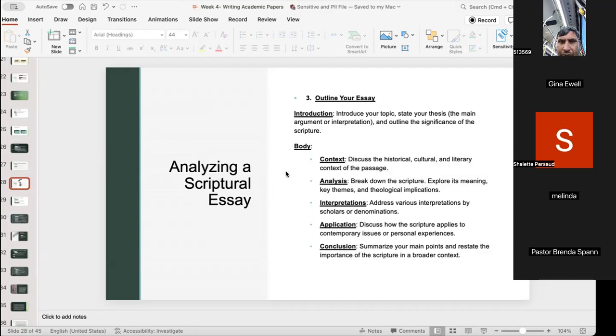And then in the body of your essay, I'm not telling you how many paragraphs you need to write. I want at least 5. So if you want to write more, that's fine, but no less than 5.